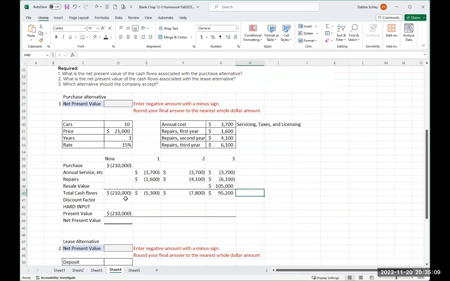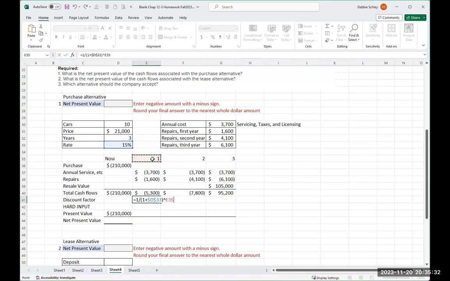My discount factor. There isn't one here. So again, we're going to go equals 1 divided by parentheses 1 plus my rate, anchor that cell, those parentheses, raised to the value of which year it is. So that gives me the discount factor there.